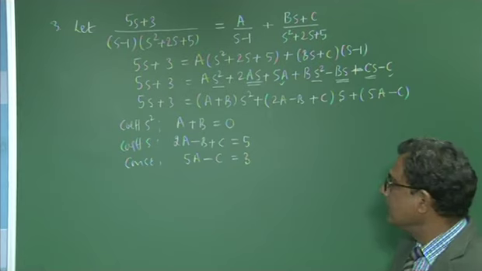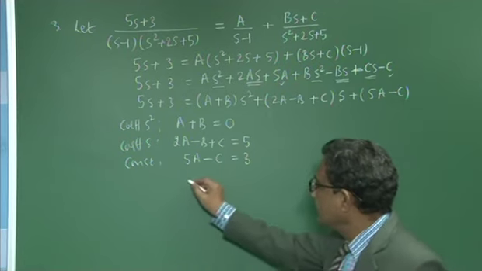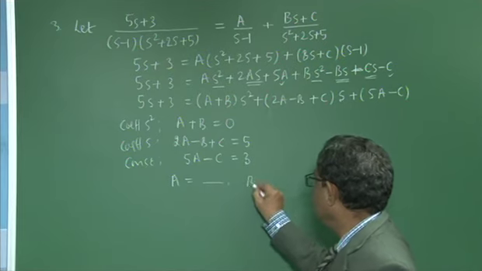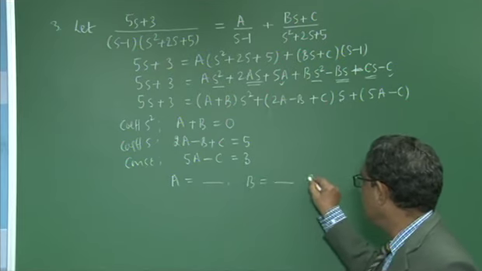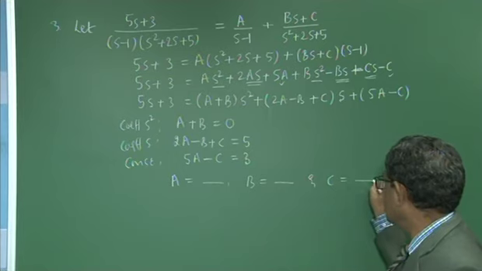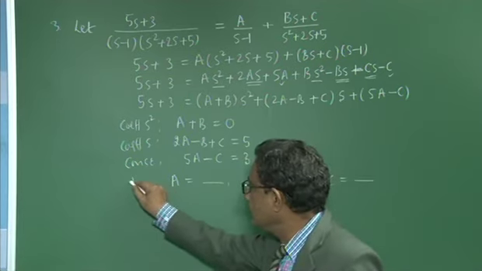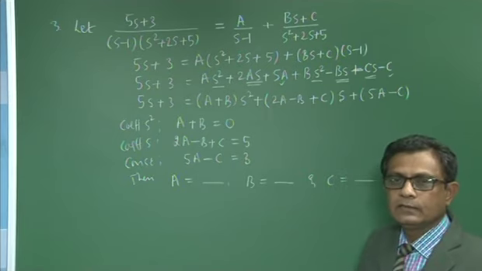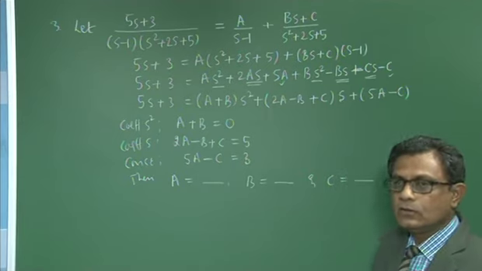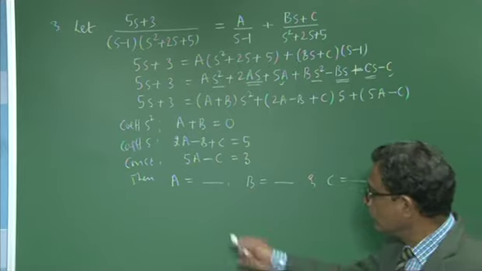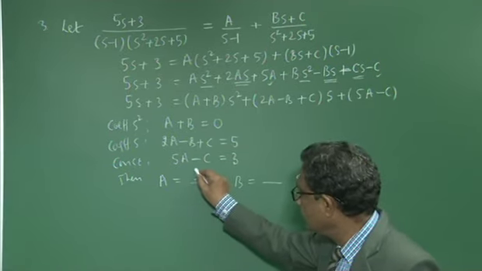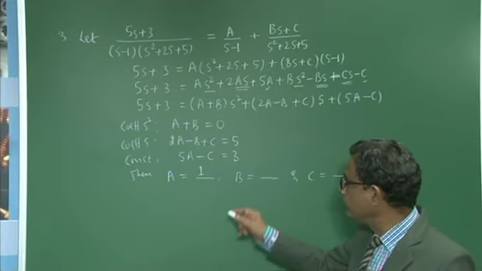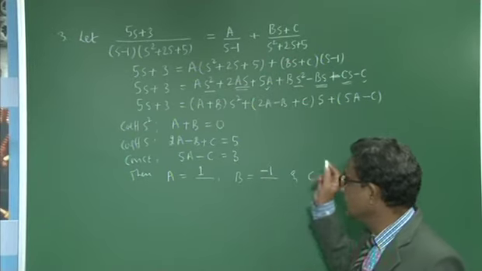Just by using the calculator you can get the values of a, b and c. You can use the calculator for 3 equations and 3 unknowns. What will you get? The a value is 1. What about b? b is minus 1.